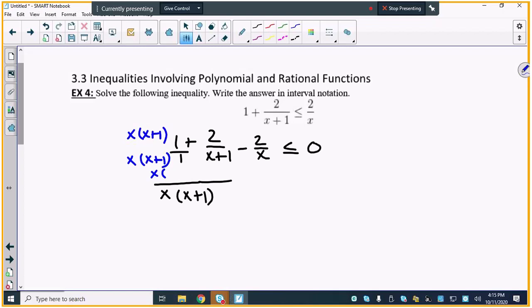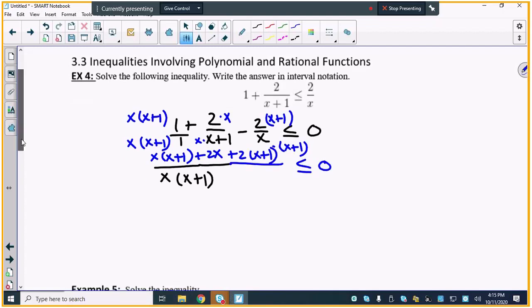So I get x times x plus 1. The second term already has x plus 1, so you multiply x on top and bottom, so plus 2x. The third has x, so you multiply x plus 1 on top and bottom, and you get plus 2 times x plus 1 on the top. That is less equal to 0. So let's continue simplifying.